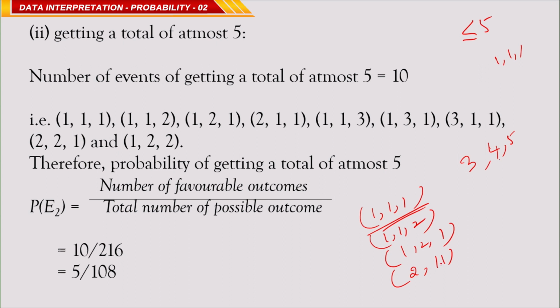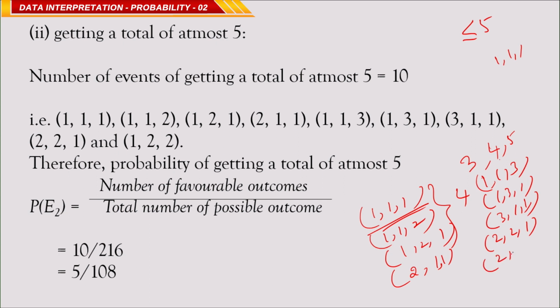Previously we did 5: 1 1 3, 1 3 1, 3 1 1, 2 2 1, 2 1 2, 1 2 2.